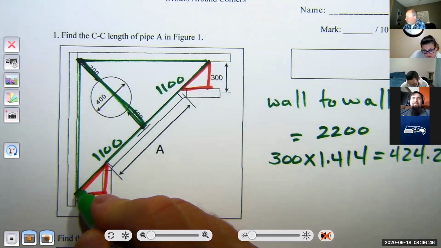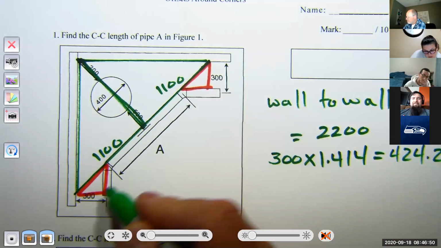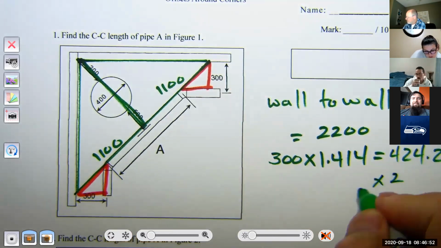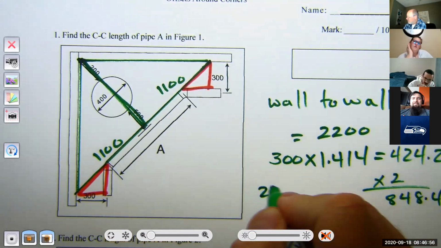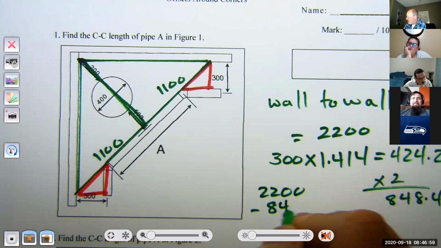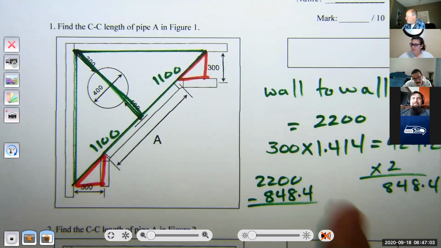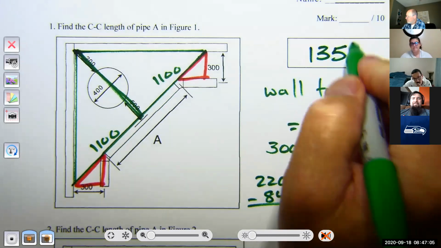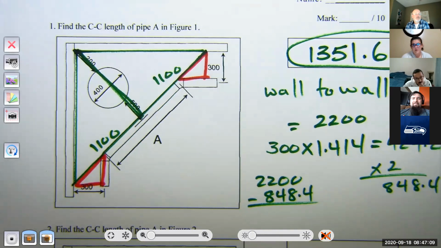And we have two of them because they're both the same, yes? So times it by 2, that's 848.4. I go 2,200 minus 848.4. 1,351.60. Beautiful.